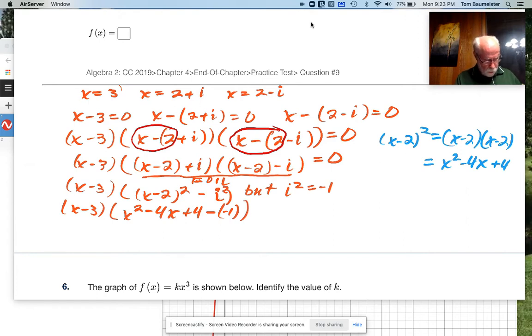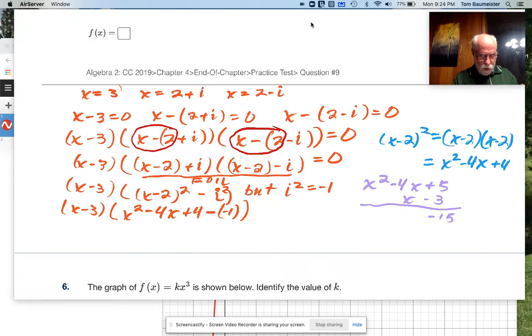So now we are going to multiply it the long way out. x squared minus 4x plus, again, negative times a negative is a positive, so that'll give us plus 5. And then I'll do x minus 3. If I do that, 5 times negative 3 is negative 15.